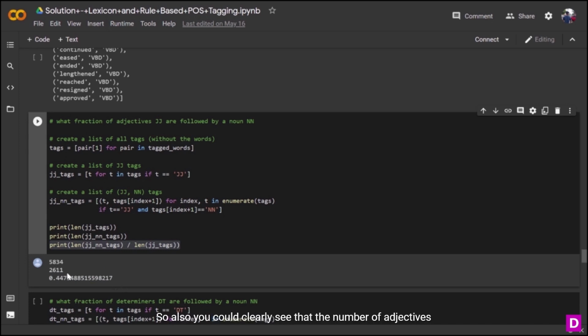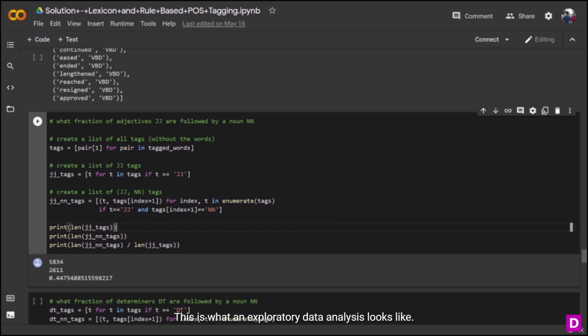Also, you can clearly see the number of adjective tags versus the number of adjectives which are actually followed by a noun. It is already almost exactly half of this, right? So in most of the cases, these adjectives seem to appear before the noun. By this we got another understanding of that text corpus.